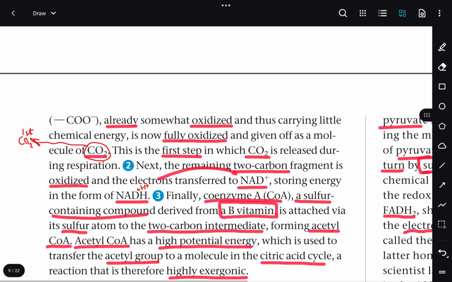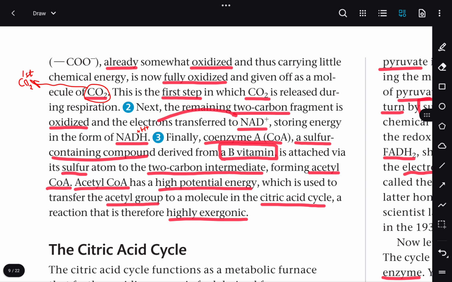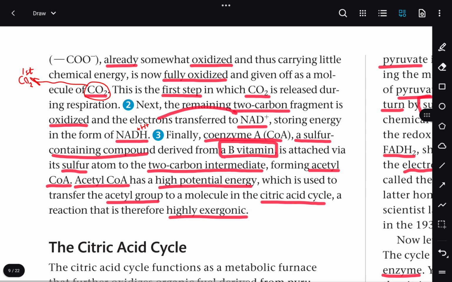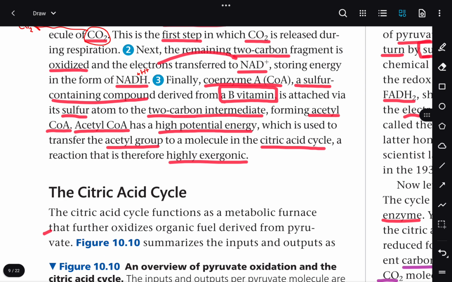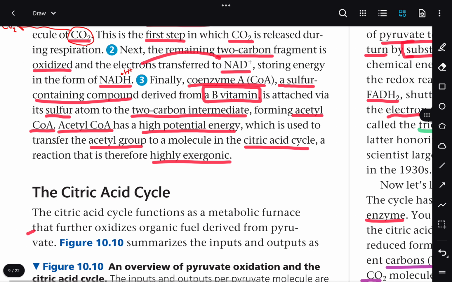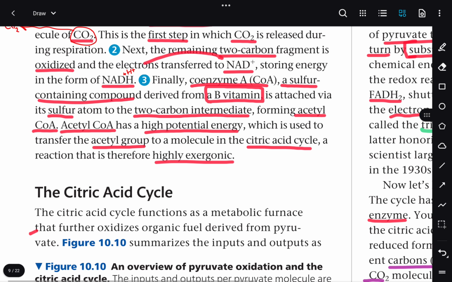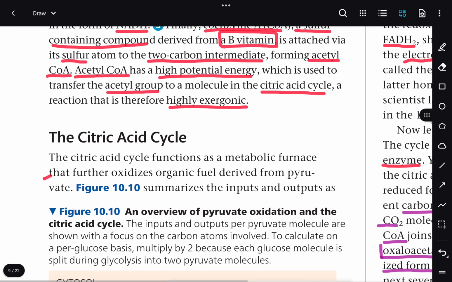The first is the complete oxidation of the carboxyl group, releasing our first CO2, and the second provides NAD plus with electrons and 2H. Once we acquire acetyl coenzyme A, we are ready to start the citric cycle.